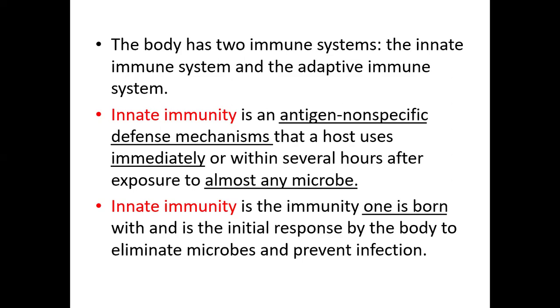Innate immunity is the immunity one is born with, and is the initial response by the body to eliminate microbes and prevent infection. So it's the first line of protection in our body.